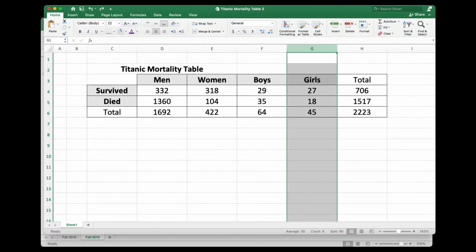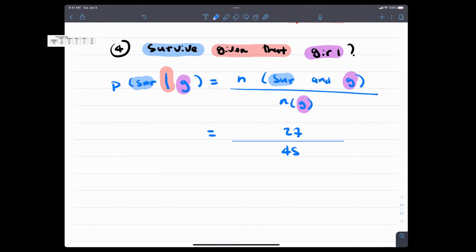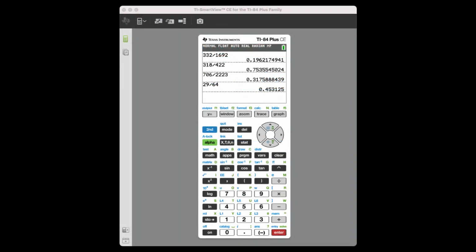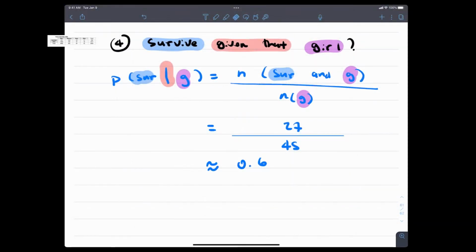How many girls are on the Titanic? 45 girls. Of the 45 girls on the Titanic, how many survived? 27. Is that right? So this probability is going to be 27 out of 45. Let's approximate that to the nearest thousandths. So we hit 27 divided by 45. And ladies and gentlemen, this is going to be 0.6. And it's not even approximate. It's equal.